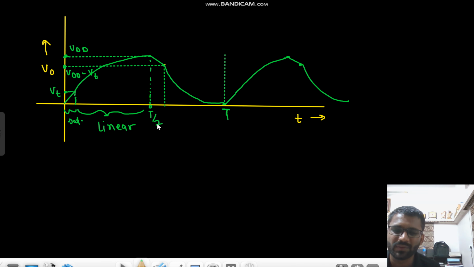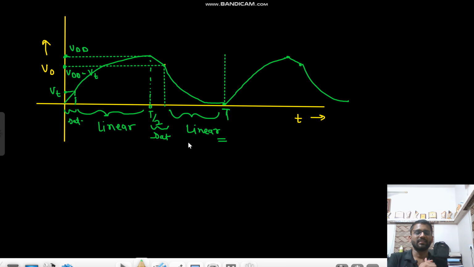This is the saturation region and this is the linear region. So this is the complete analysis. But in the interview, if you say it gets exponentially charged and exponentially discharged, then they can somehow consider it. But if you tell this, first it will be in saturation, then it goes to linear region, then it comes down. So this is the exact and correct analysis.